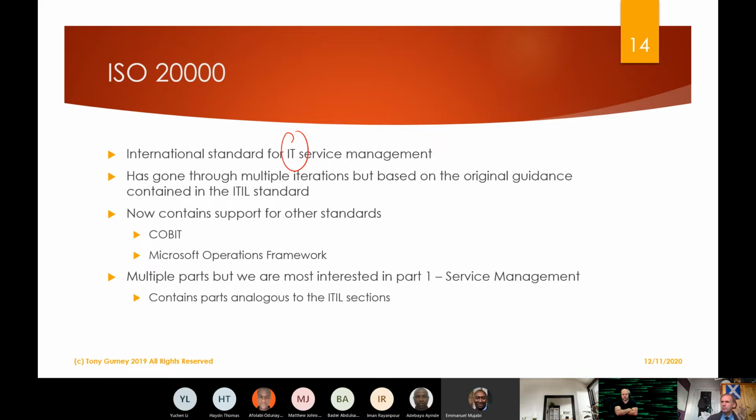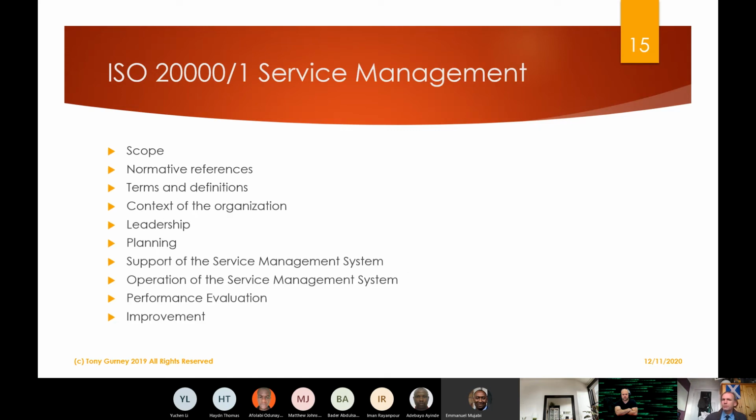So, as with most of these ISO things, they're massive. So we'll stick mostly to part one, which is service management. And it's all the things that we've been talking about in the past few weeks and this week. The scope of what we're doing, how we're going to show leadership on it, how we're going to get the leadership on board, how we're going to plan it, how we're going to evaluate it, how we're going to improve it.